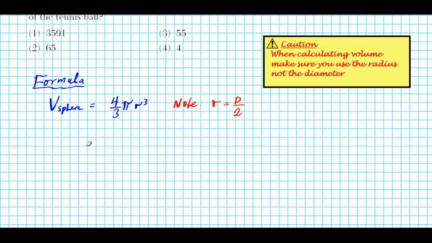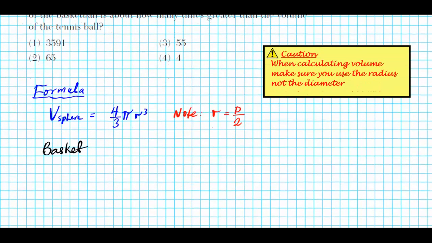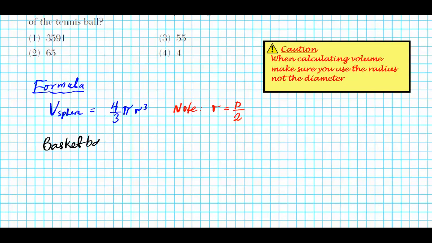Volume of the basketball. For the basketball, we know that the diameter is 9.5. That's not what we're going to be using. We need the radius.